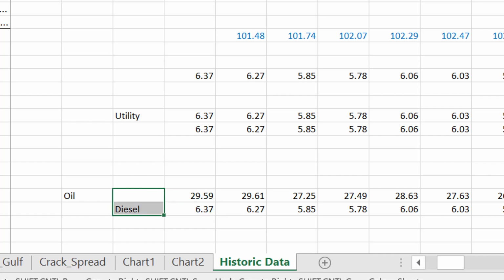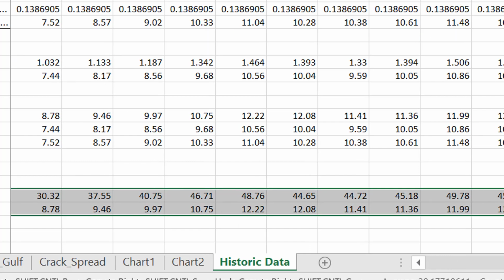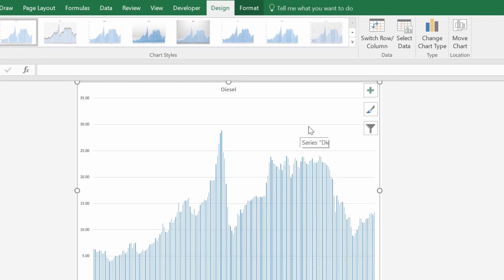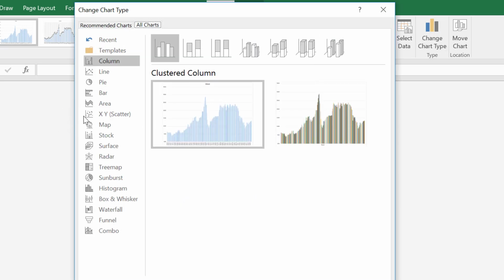And you want to blank the x-axis label. That's the big deal. Shift, control, right arrow. F11. Oh, it looks like the other one, but it's not, because the x-axis has the price of oil on it now.